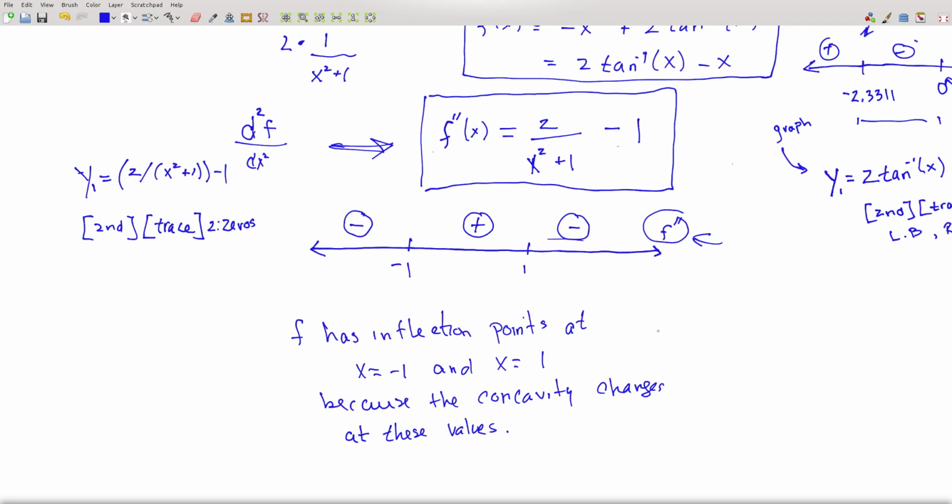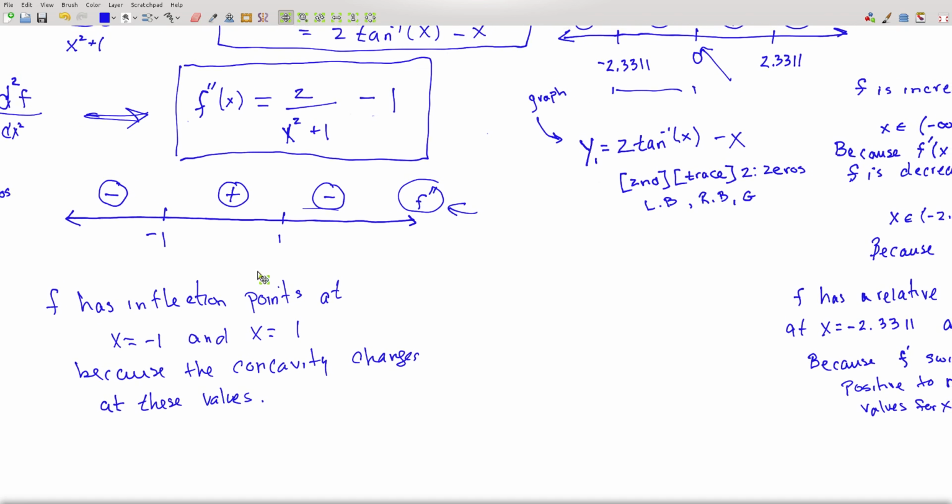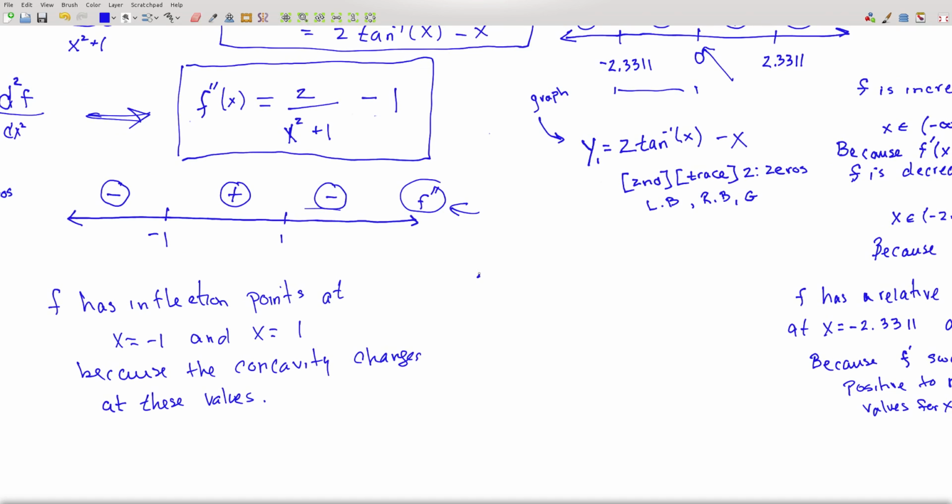Now let's just go ahead and make that a little more explicit by actually stating what the concavity is and where. So we'll say F is concave down on the intervals x belongs to -infinity up to -1, and from 1 to infinity.